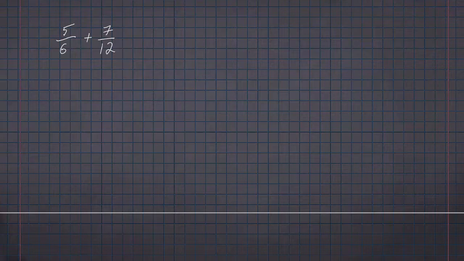This one is not too bad. I notice that if I take 6 and I multiply it times 2, I will get 12. And then I can simply add the fractions that now have like denominators.